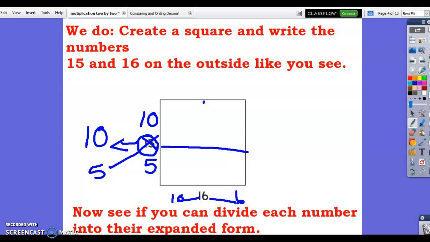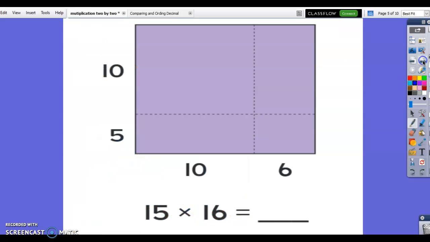I want you to think about a square that is divided into one set of 10s and 6 ones. And if you remember with our area models, we have to multiply each of the partial products. So I want you to make sure that you have an area model that is set up something similar to this, and I have it typed out so it looks a little bit better. So on the next screen.